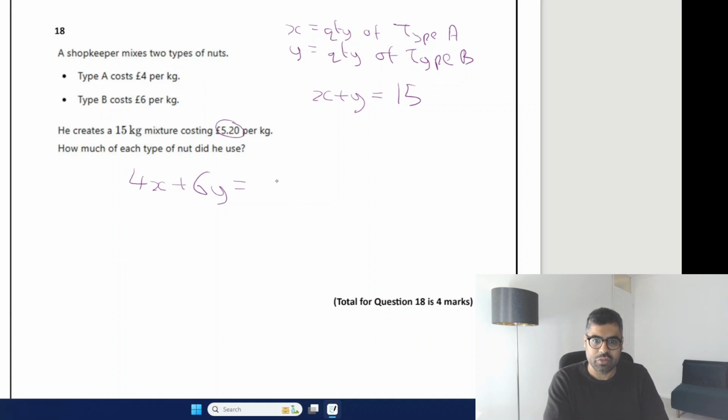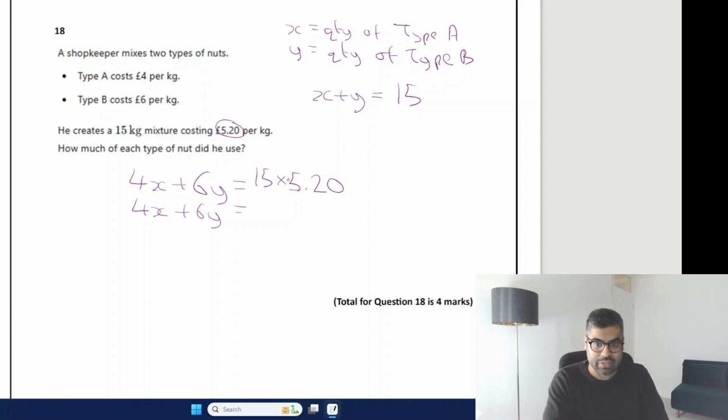Now what's the total cost going to be? Again, a lot of people will lose marks because they'll put £5.20 here. But that's not the whole answer. It's £5.20 per kilogram. However, there's 15 kilograms of mixture. So we need to do 15 times £5.20. Simplifying this further will give us 4x plus 6y equals 15 times £5.20.